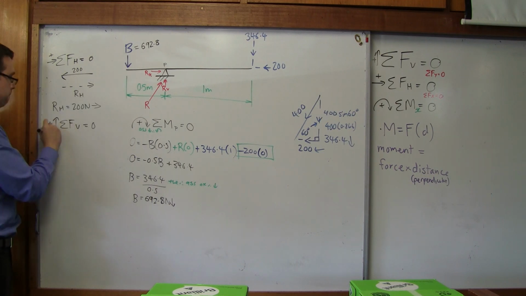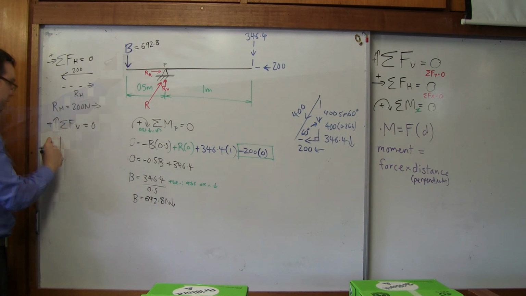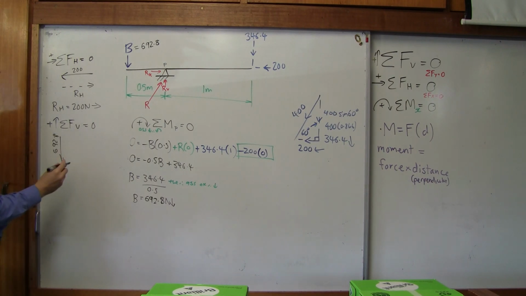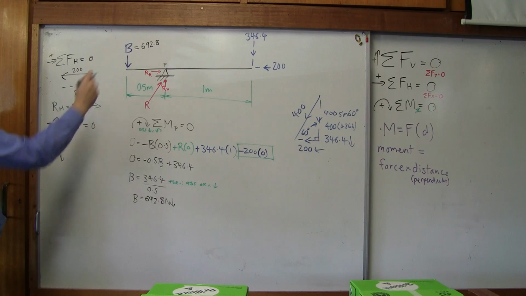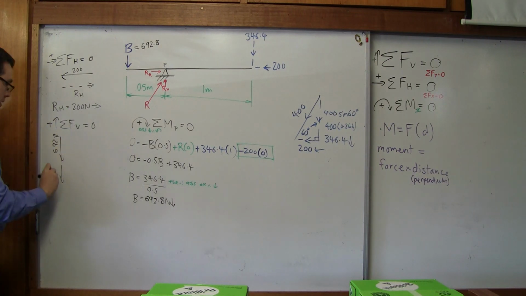Let's have a look. I've got 692.8 going down. I have 346.4. That's also going down. So, what is my missing force?